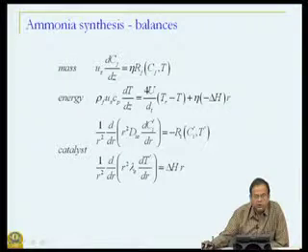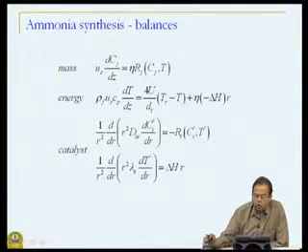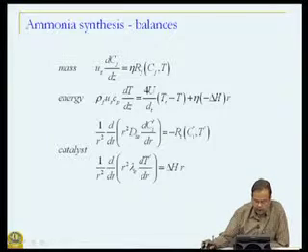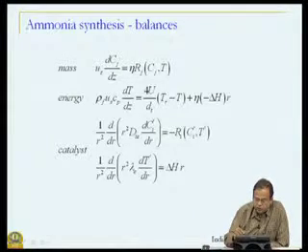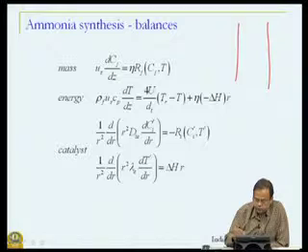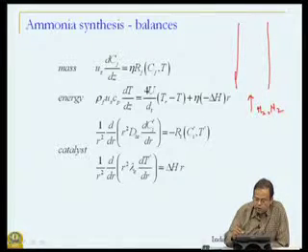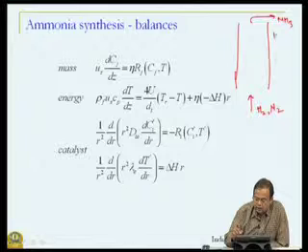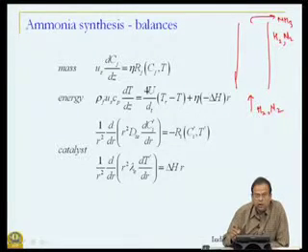So, let us set up the mass balance equations for this particular reactor. Now, what do we have here? We have a fixed bed reactor here, and let us say that we are passing hydrogen and nitrogen here, and ammonia and unreacted nitrogen and hydrogen are coming out of the reactor.